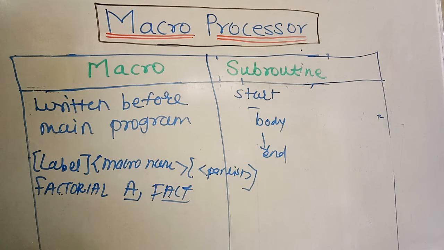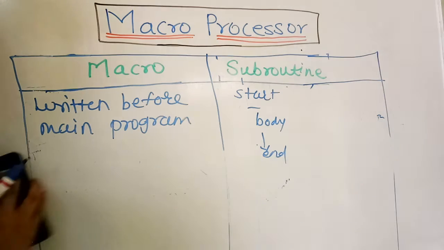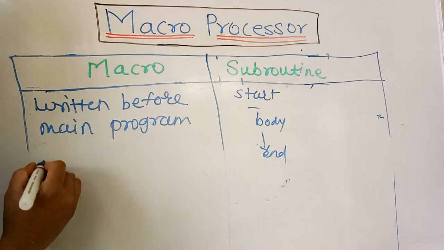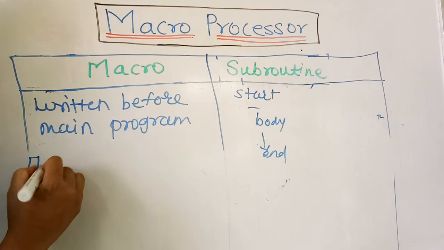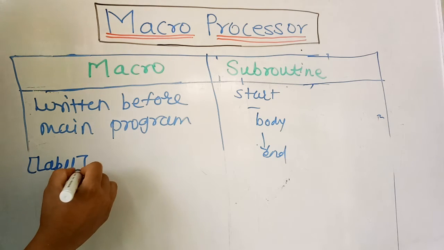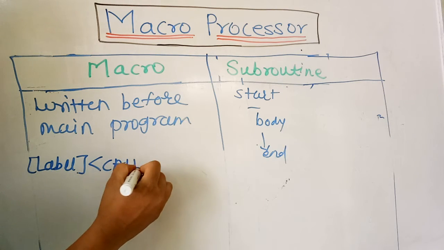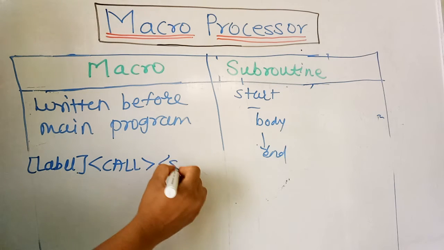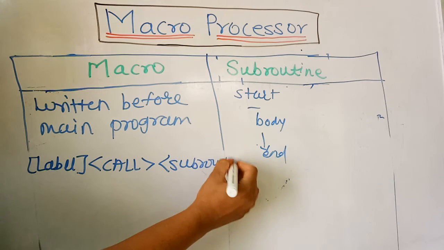Same like that, you have to write in the subroutine. How is it written in the subroutine? Subroutine will follow like you have to again specify the label here, then you have to write call, then you have to write the subroutine name.